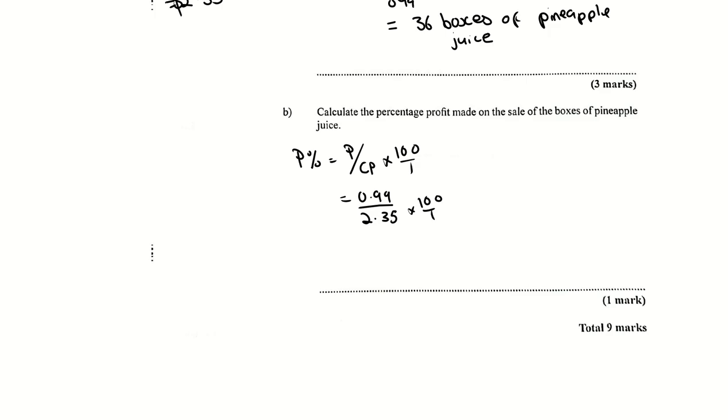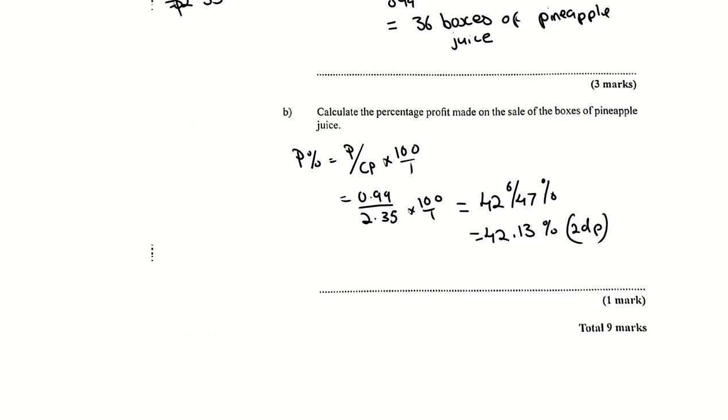So it would be 0.99 divided by 2.35 multiplied by 100 is equal to, you can put it as a fraction if you want, 42 and 6 over 47%, or 42.13%, so 2 decimal places.